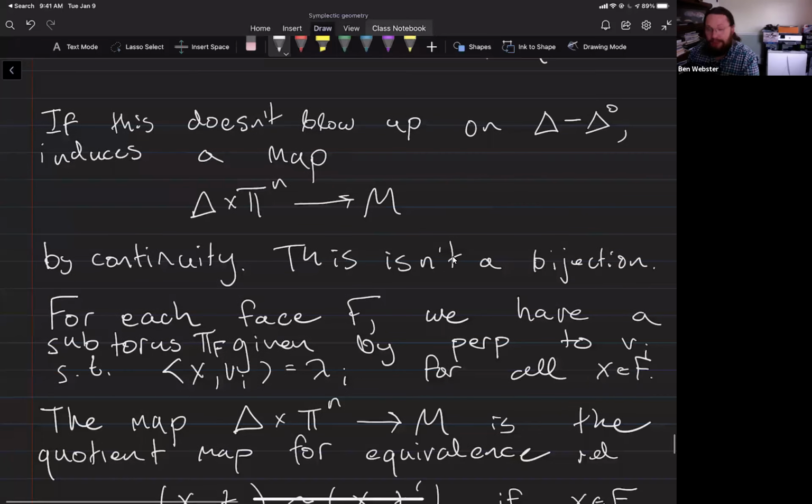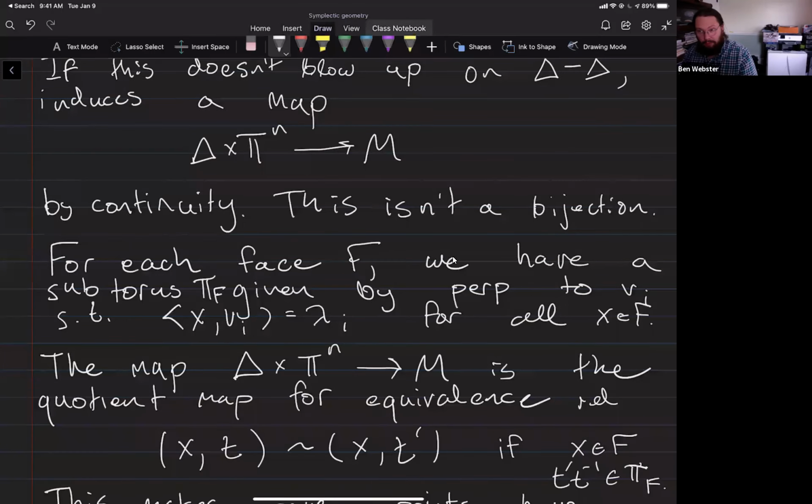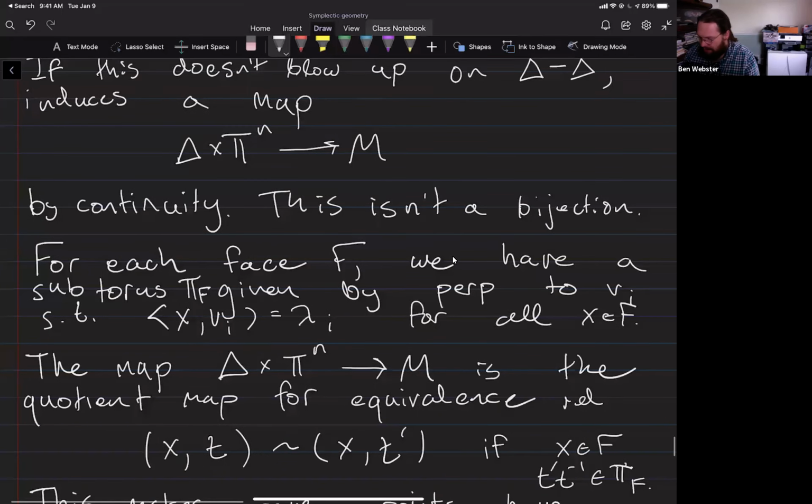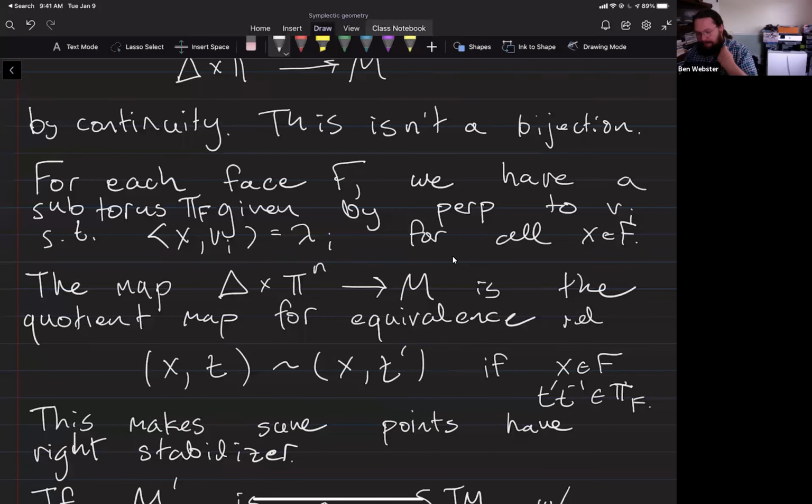But that's actually the only thing I need to account for to make this a bijection. So on this domain, I can add an equivalence relation, which says that if my point down in delta is on a particular face, and the points differ by an element of the torus that's supposed to be the stabilizer, then I identify them.